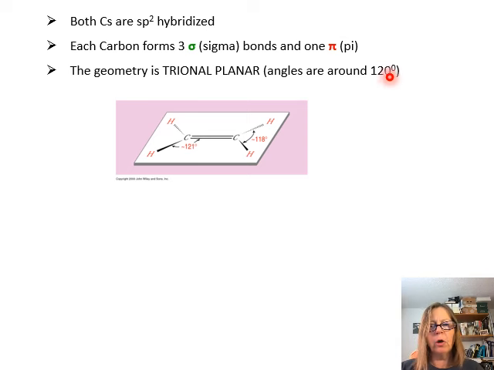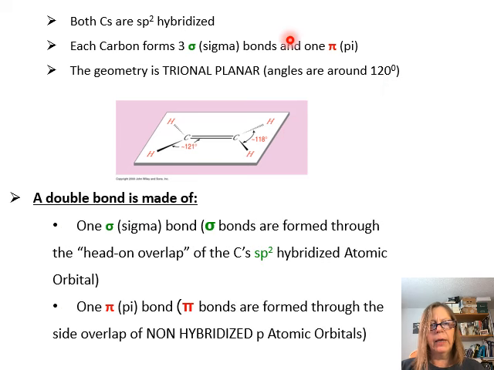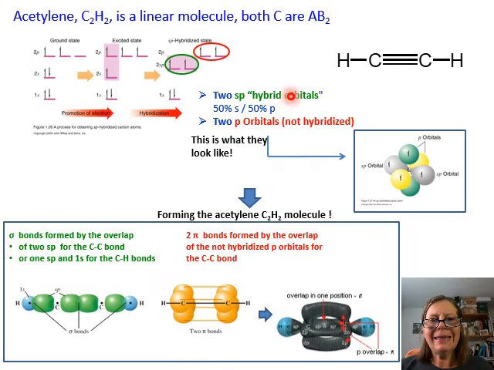So a double bond is made of a sigma bond formed by the head-on overlap of hybridized atomic orbitals, and a pi bond is formed by the side overlap of non-hybridized p orbitals. So let's talk about acetylene now.